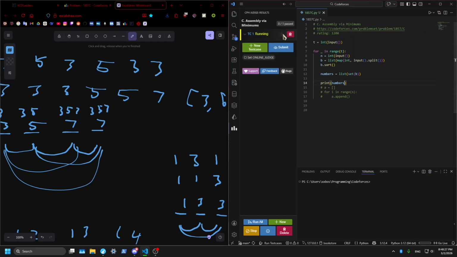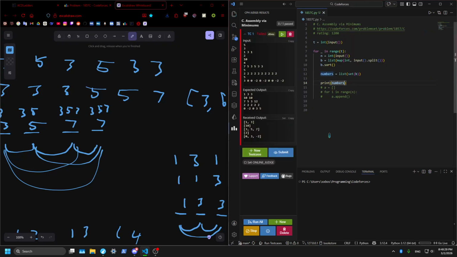Print numbers. So these are the numbers we are allowed to build A with.